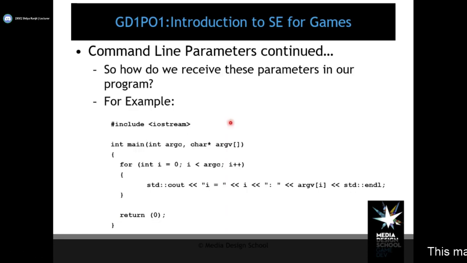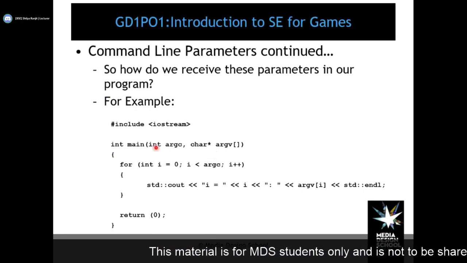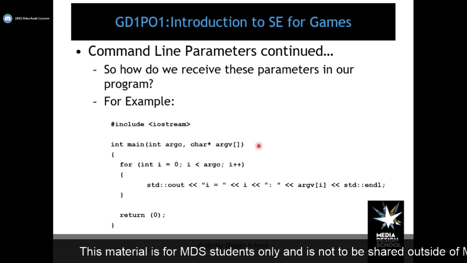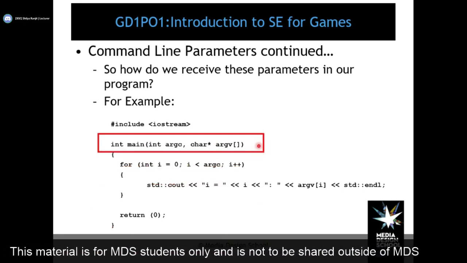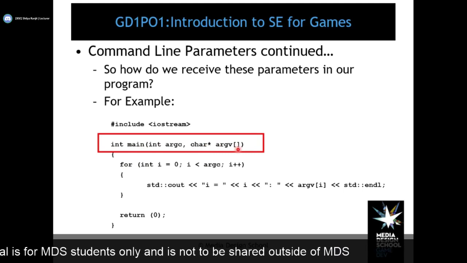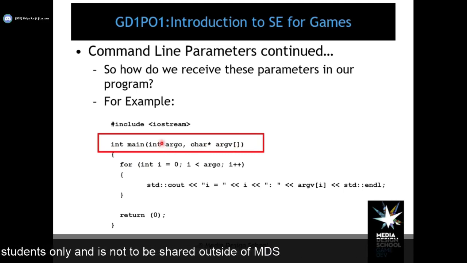But how would you code it in your program if you were to pass values in the command line, after the executable? Your main will need to be slightly modified. Can you see the difference in this main? Usually we just have int main and empty brackets.